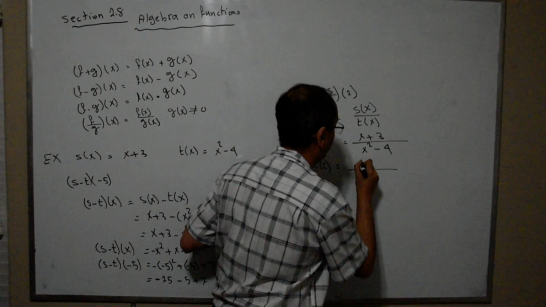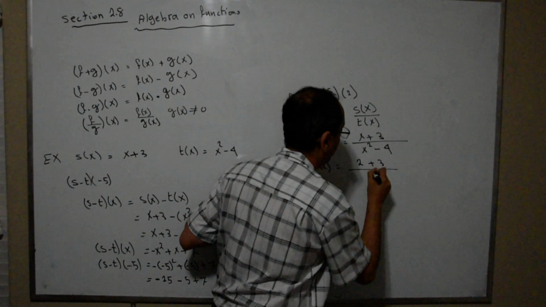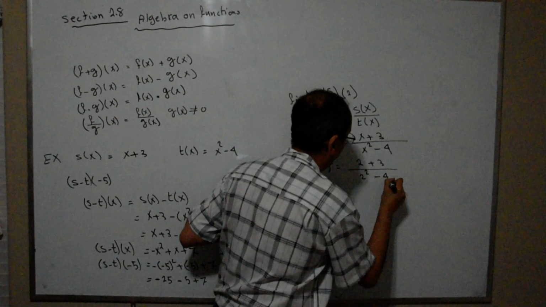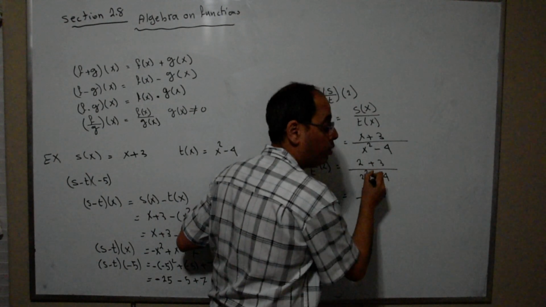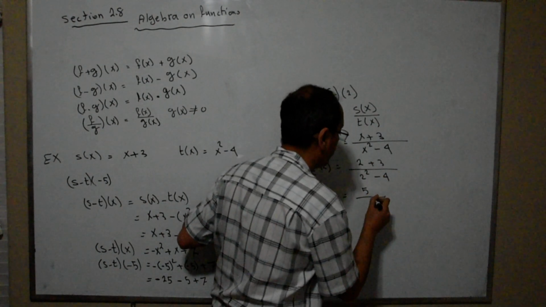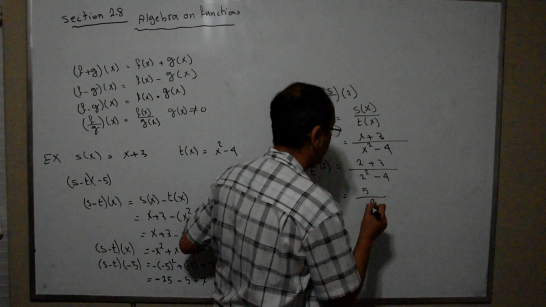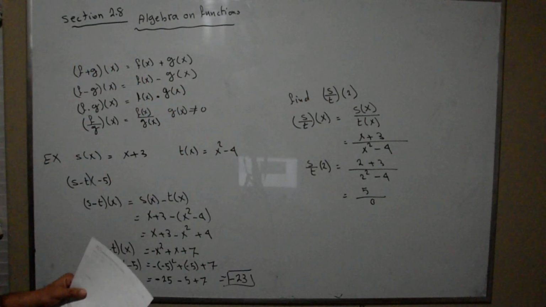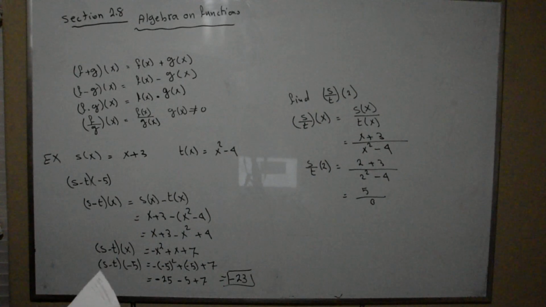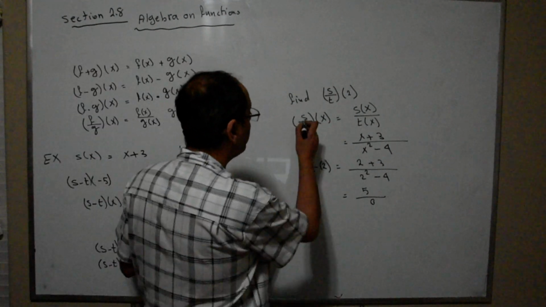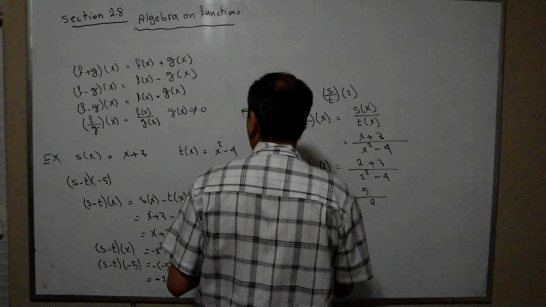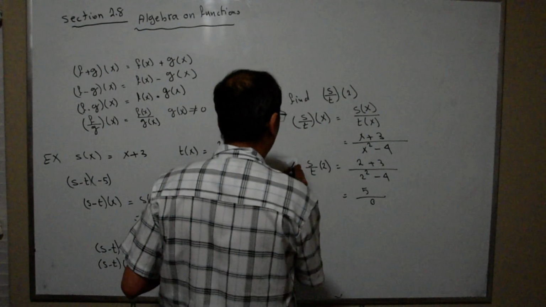So I'm going to have 2 plus 3 over 2 squared minus 4, which is equal to, 2 plus 3 is 5. 4 minus 4 is 0. So what do you think about that? I think it doesn't work.